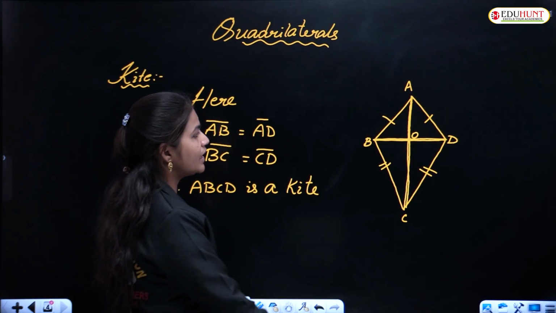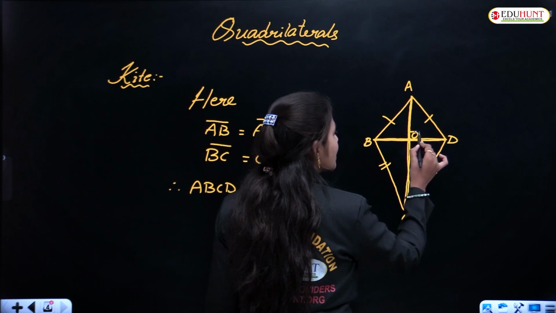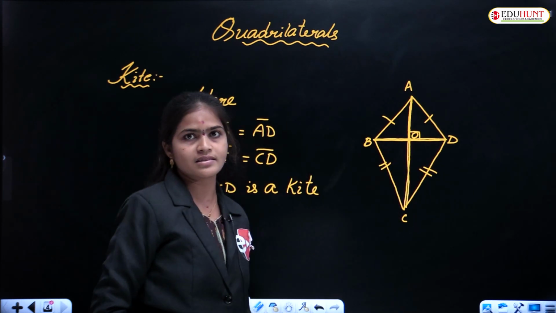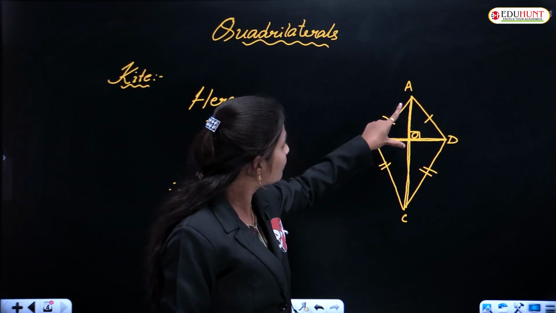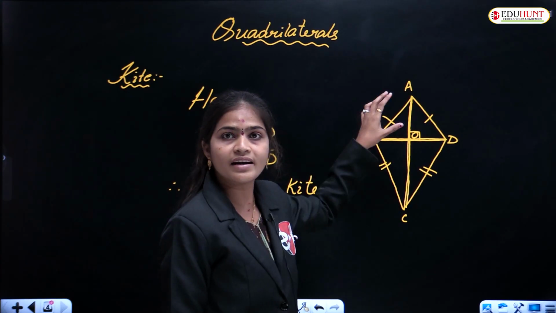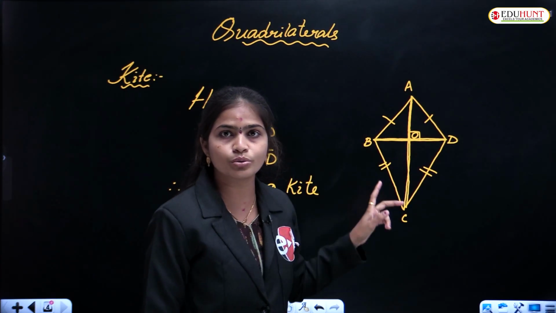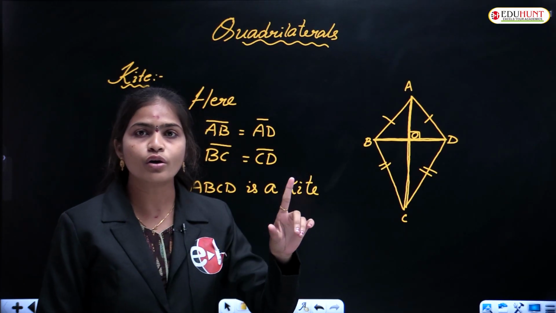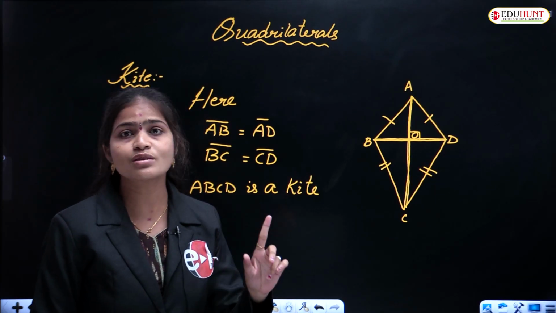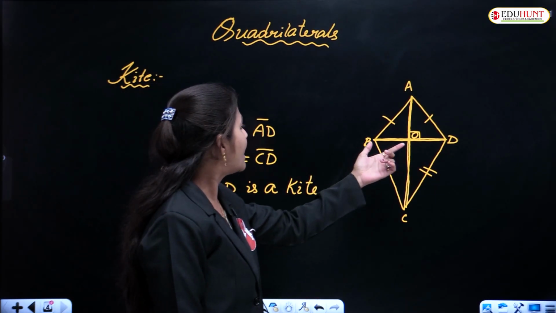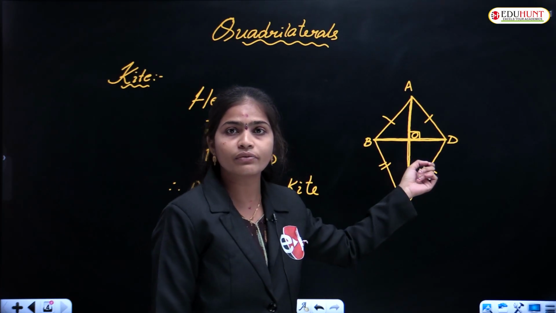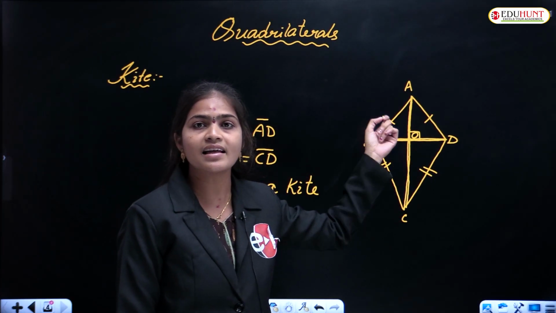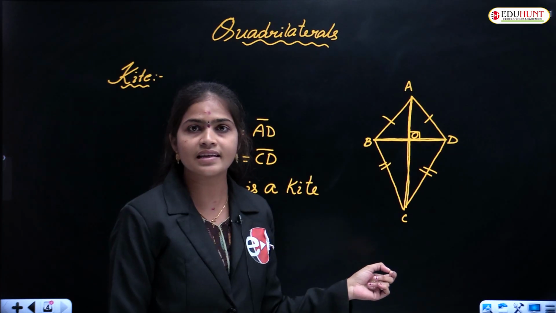In the same way, these two diagonals are perpendicular bisectors. Perpendicular bisectors means not the other one: the shorter diagonal does not divide the bigger diagonal into two equal parts. At least one of the diagonals divides the other diagonal into two equal parts, which means it bisects the other diagonal. Is it clear?